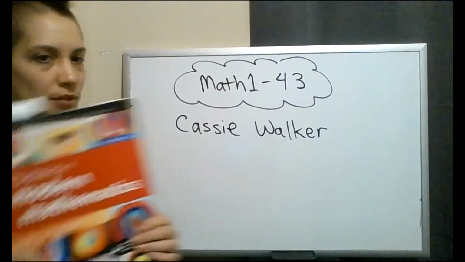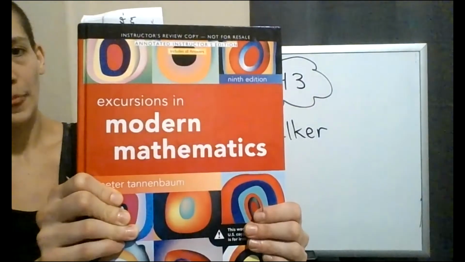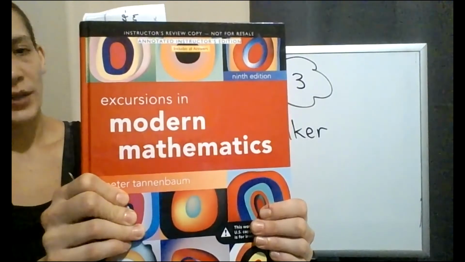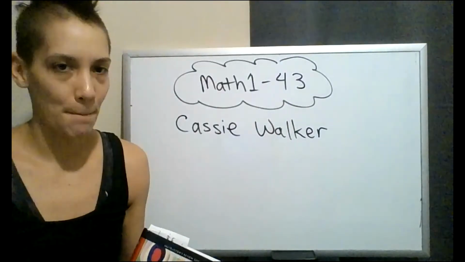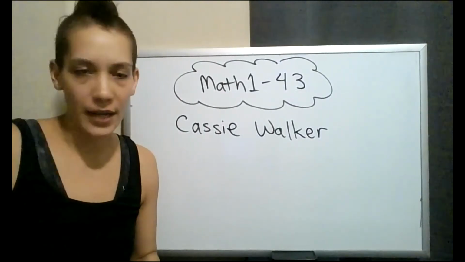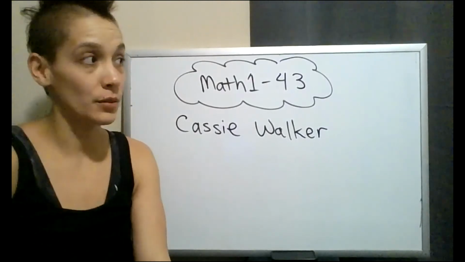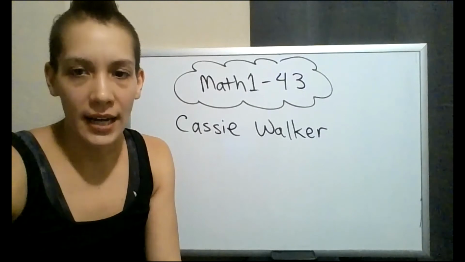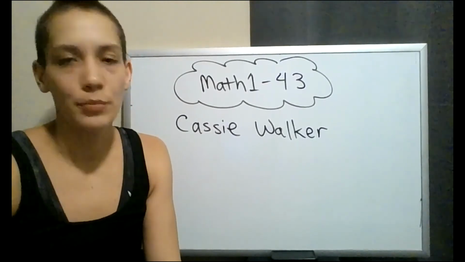If you really want to buy a book, it's by Tannenbaum called Modern Mathematics, and it's where I picked my topics. I don't think you'll need a book, and I will create assignments in Canvas, so you don't need to buy anything for the class. No access codes or textbooks.